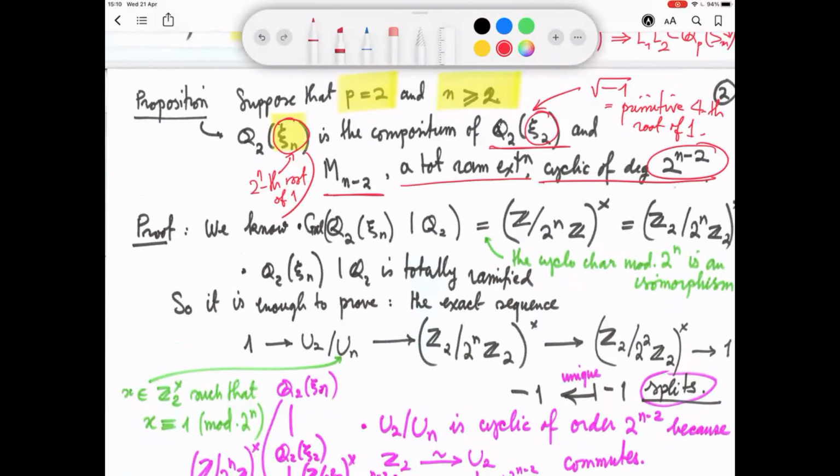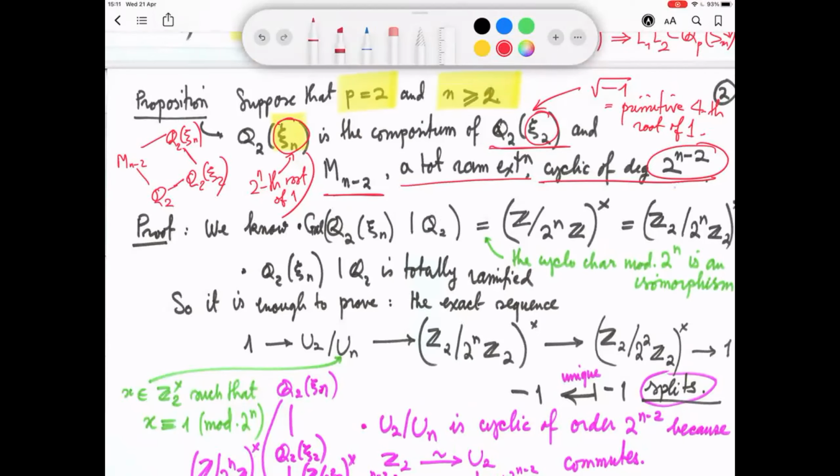So in some sense, how do I put it? Yeah, so the diagram would be, you have Q2 here, you have Q2 psi 2 here, and you have M n minus 2 here. When you take the compositum, you get Q2 psi n.